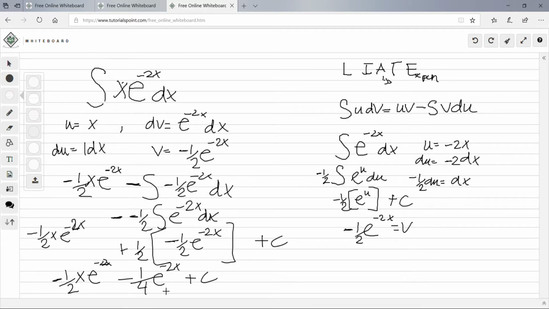Let's see, can we simplify this even more? I think we can. We can factor out a negative e to the -2x.